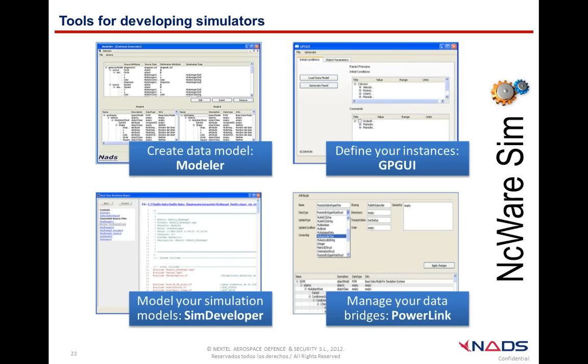You can save, recover, and modify your data, and everything is related with data. And finally, at the core is NcWare SIM. NcWare SIM is the API for making your own elements of simulation.